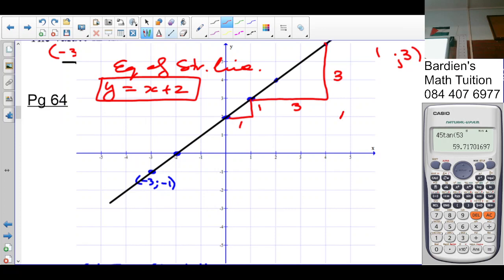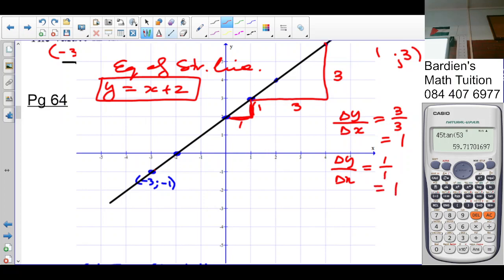So let's see what is the value of y over the value of x. So y is 3 over 3, which is 1. What is this? The delta y over delta x, the change in y over change in x. Here is 1. Sorry, that is the y. So it's 1 over 1, which is 1.